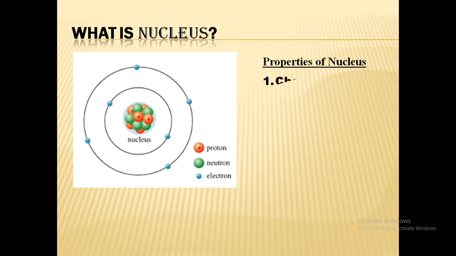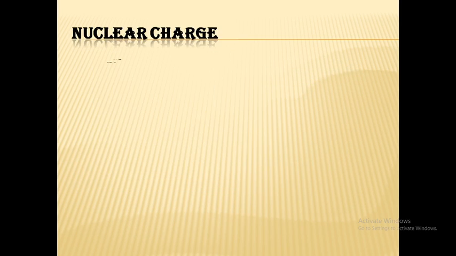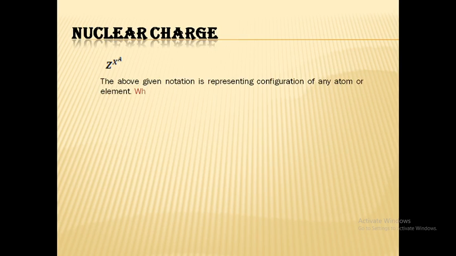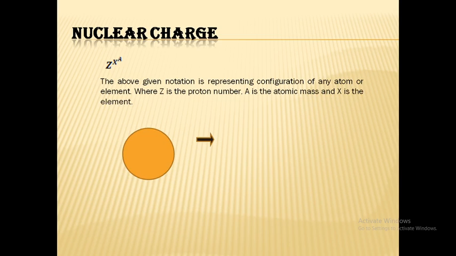is nuclear charge. Nuclear charge is being represented by a notation Z X A, in which Z is the proton number, A is the atomic mass, and X represents the element. Z is the proton number and it has charge plus Ze, where Z is the proton number and e is the charge of proton.